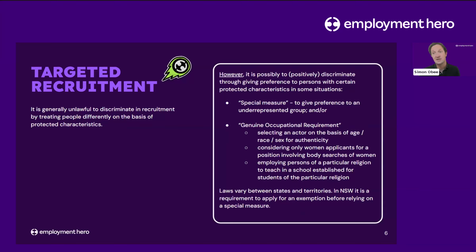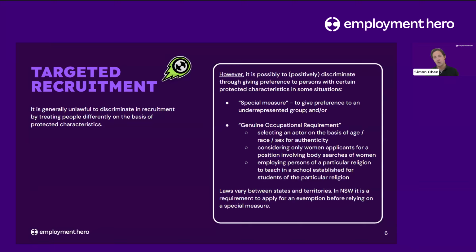It might also arise if you are a business who has, say, underrepresentation of females in leadership. That might be another way where you would use a special measure. And the law permits that in certain circumstances.